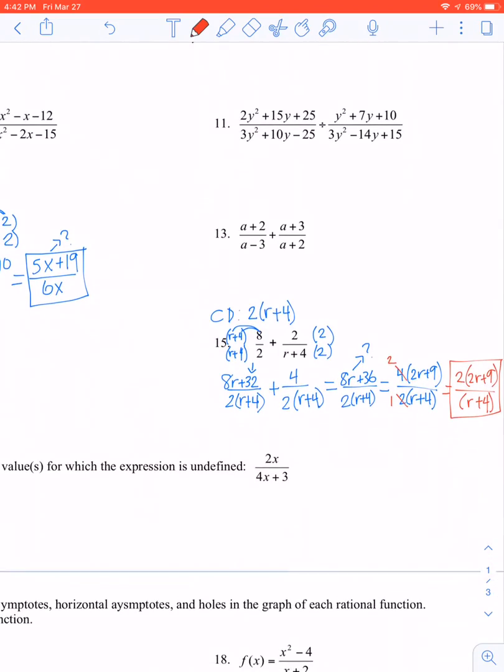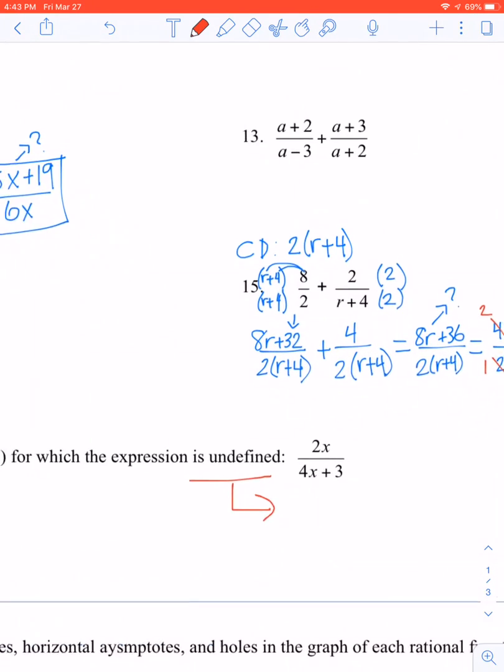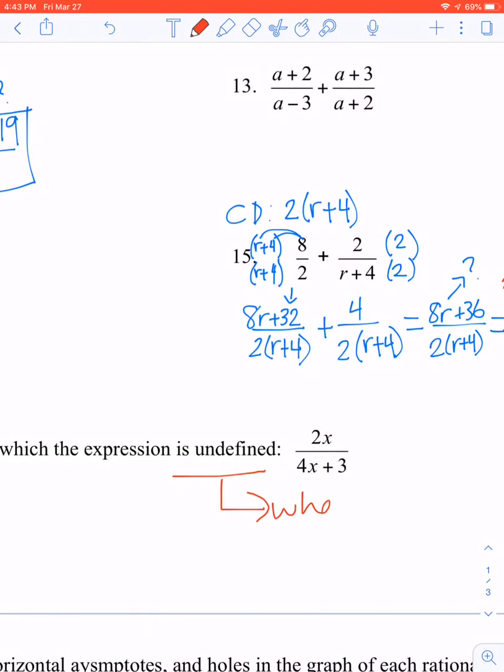All right, I'm not going to do number 16 with you, but I do want to give you a hint on it. Number 16 says, determine the values for which the expression is undefined. The expression is undefined when the denominator equals 0. That is when the expression is undefined.